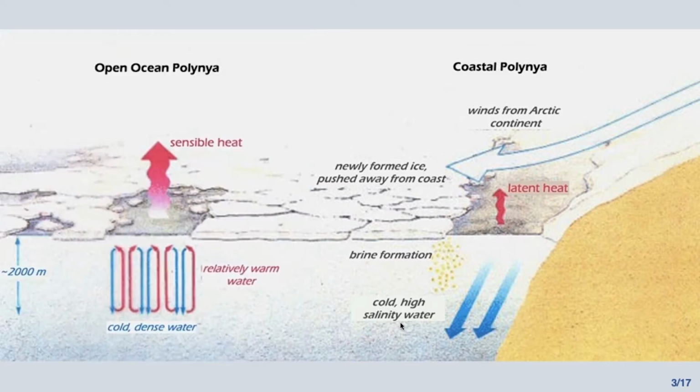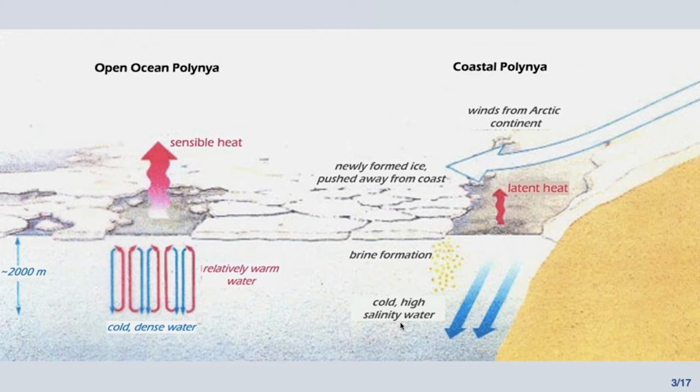The open ocean polynyas are different because the driving mechanism is in the ocean. So the ocean initiates, for some reason that depends on the situation, a deep convection cell. And this convection in the ocean brings up the relatively warm and saline waters that are the CDW in the Southern Ocean.